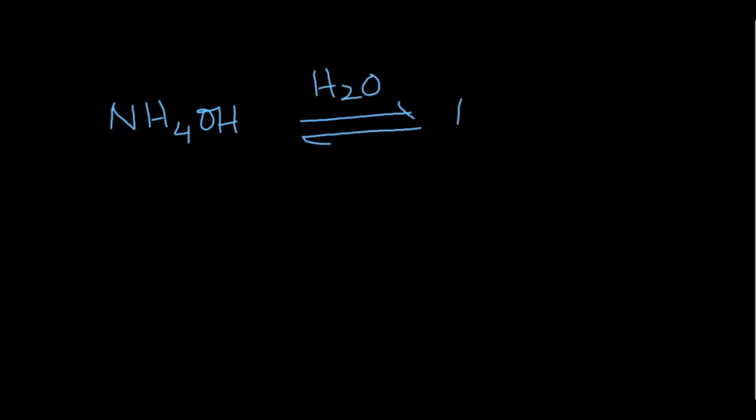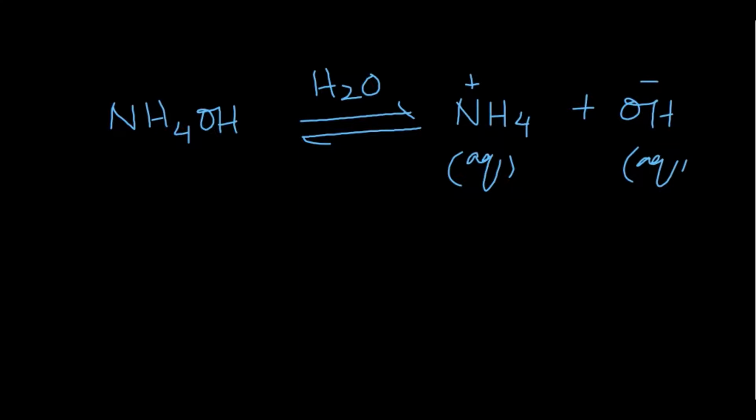For example, if we have ammonium hydroxide, right students, we know very well what is the formula for ammonium hydroxide. NH4OH is Arrhenius base. If we dissolve ammonium hydroxide in water, in the presence of water, ammonium hydroxide dissociates to give aqueous ammonium ion, right students, as well as aqueous hydroxide ions. I hope these examples of Arrhenius bases are clear to you students.